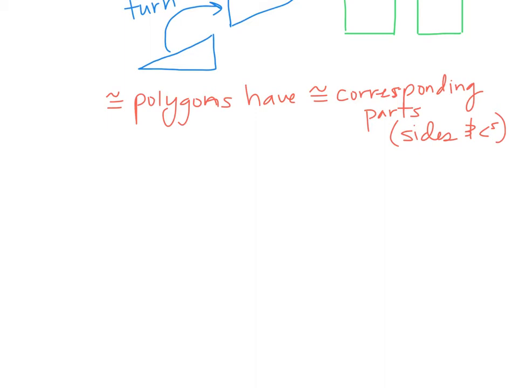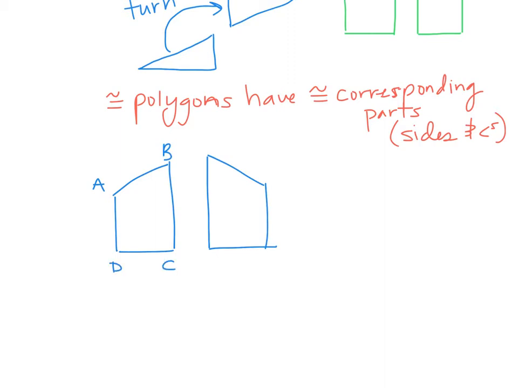So let's say you have these two figures. Just going to do similar to what we did on the flip there. If this is A, B, C, D, and this is H, I, J, and K. Okay, so often they're going to tell you two figures are congruent.